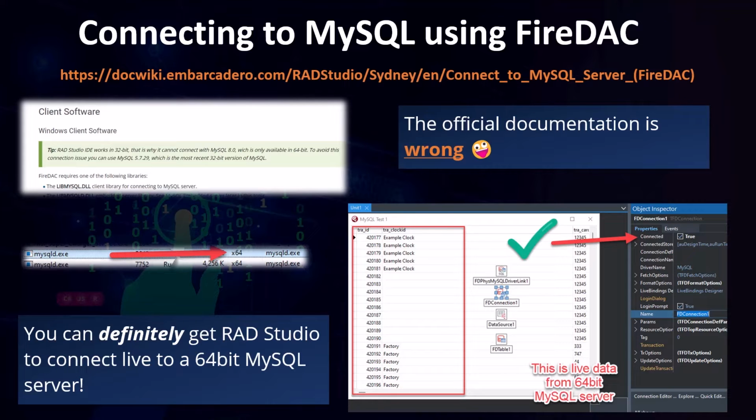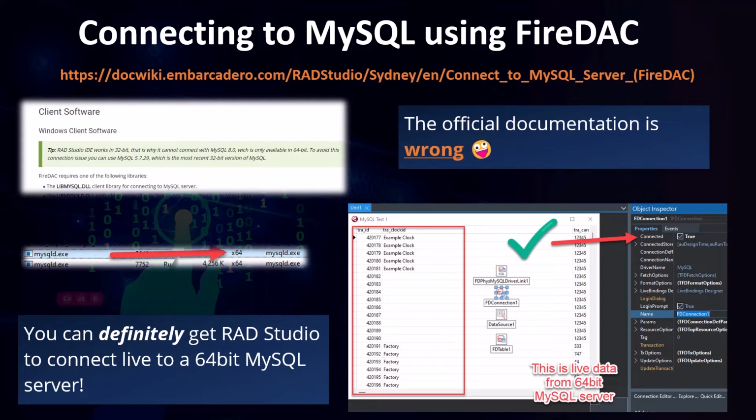But the fact that RAD Studio is 32-bit and the fact your app is 32-bit has got nothing to do with it. As long as you include the right driver, you need a 32-bit driver for the RAD Studio to connect to the server. As long as the driver is the right bitness for your app, so your 32-bit app or RAD Studio, then it will connect quite happily to MySQL 8, and it will do that even if it's a 64-bit MySQL server.